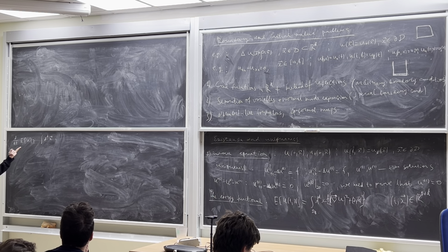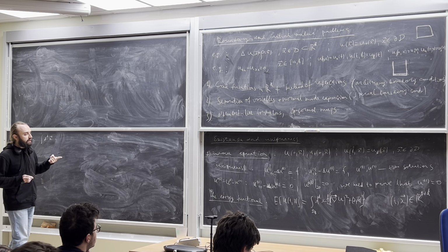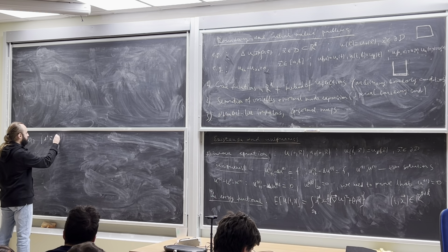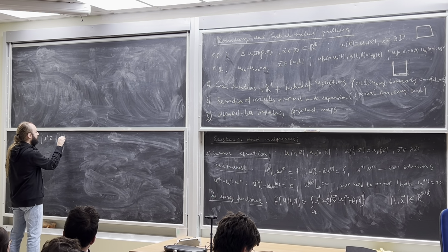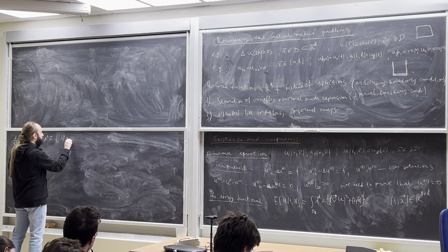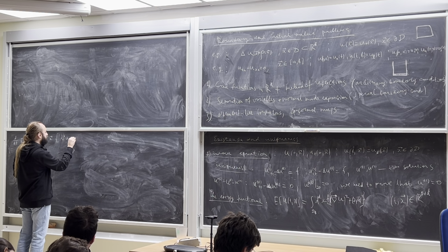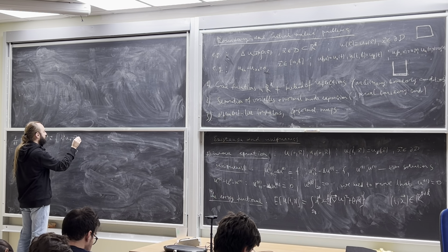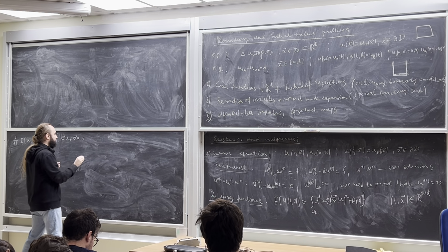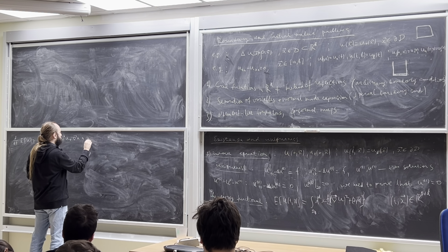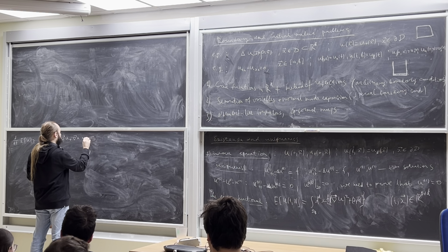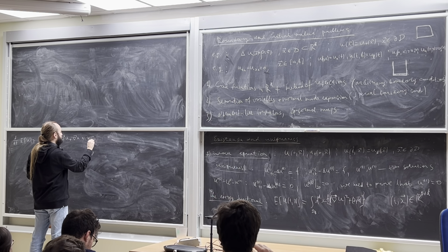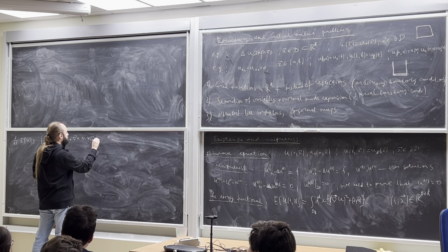Okay, so we differentiate it in t, and it is the integral of gradient of ut times gradient of u, plus utt times ut.